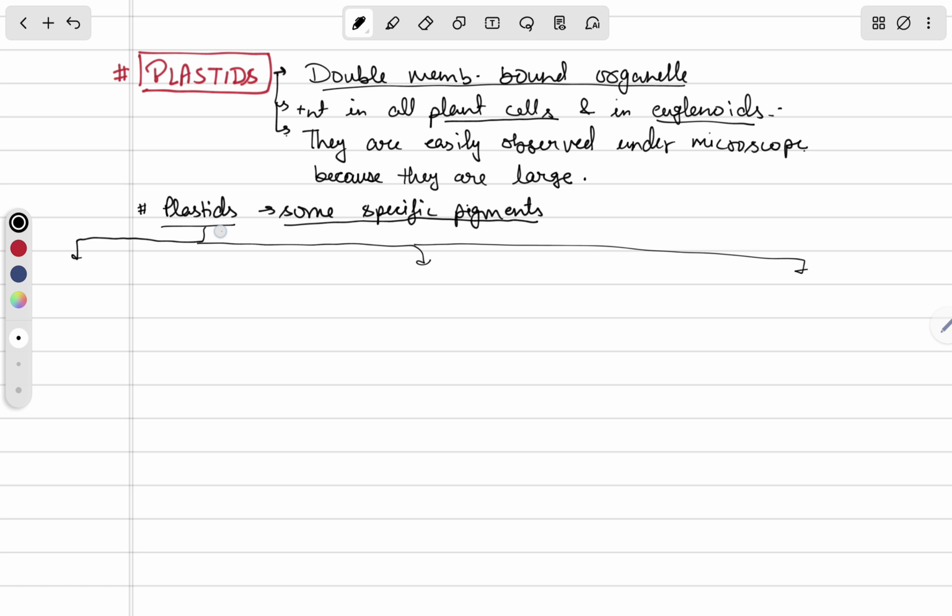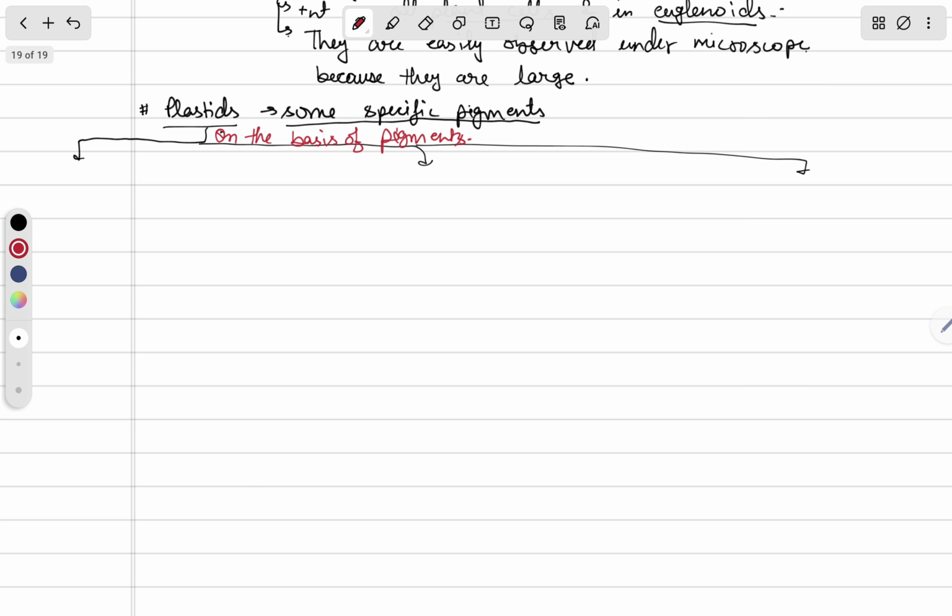This division is on the basis of pigments. Which type of pigment is present in these three plastids? Number one is chloroplast. Number two is chromoplast. Number three is leucoplast, right?